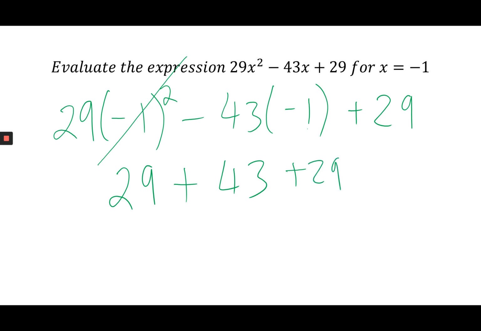We just need to add them all together. So 29 plus 43 plus 29. 9 plus 9 is 18, plus 3 is 21. 2 plus 2 is 4, plus 4 is 8, plus 2 is 10. 101 is my answer.